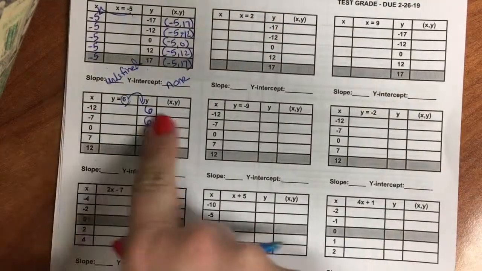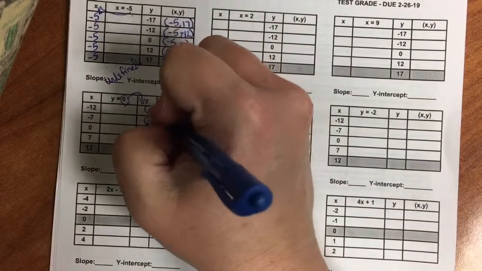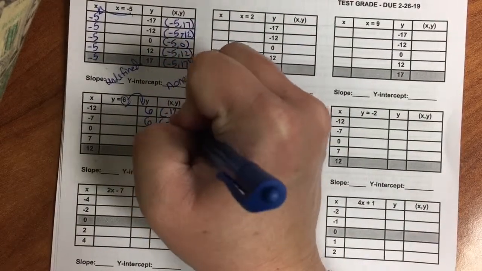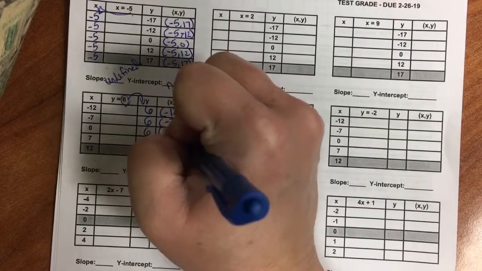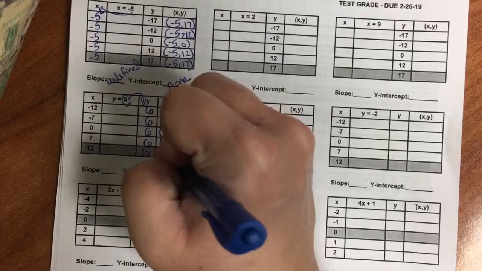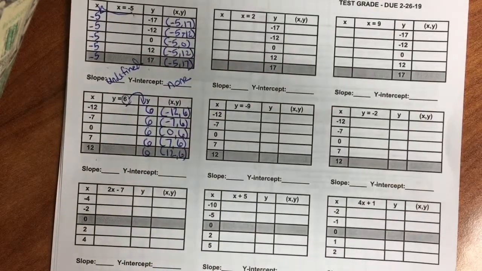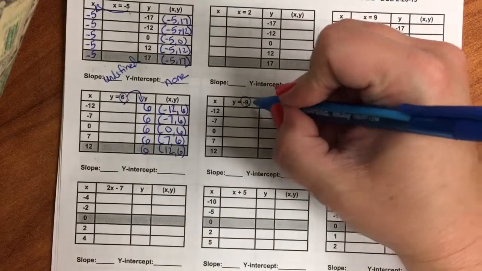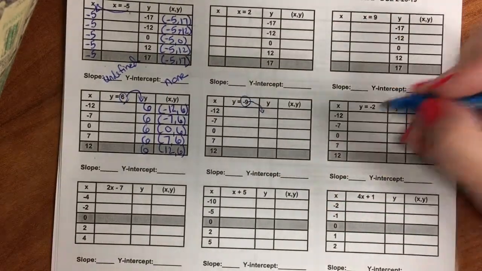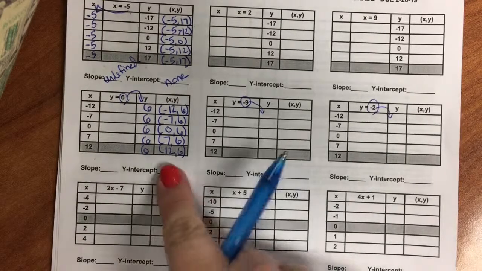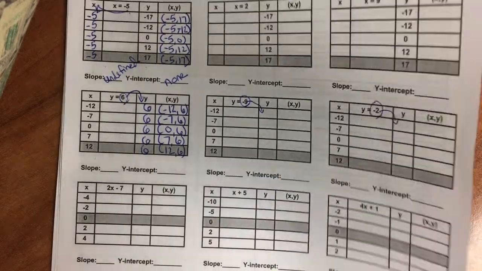Then I'm going to put these ordered pairs together: -12 and 6, -7 and 6, and so on. I wind up with 5 ordered pairs. That's what you're going to do for each of these. Whatever your number is, you write it where y is.